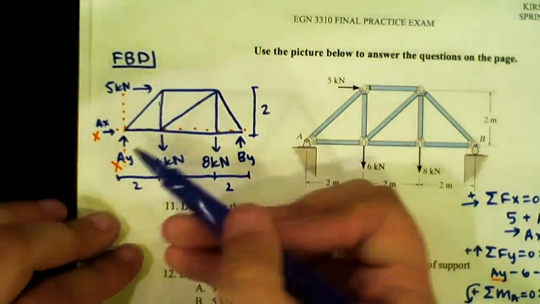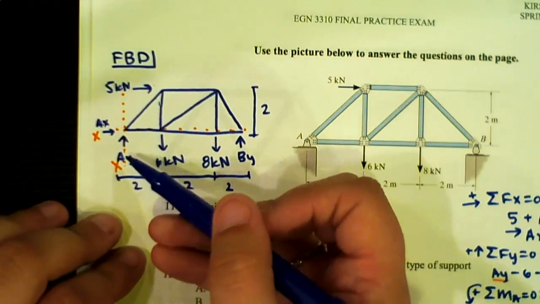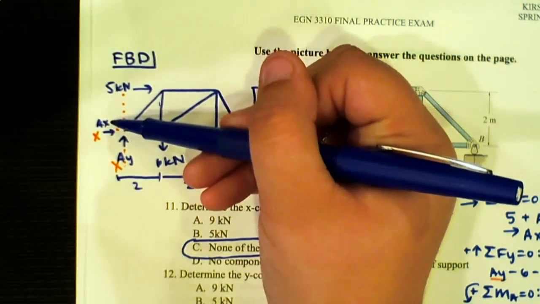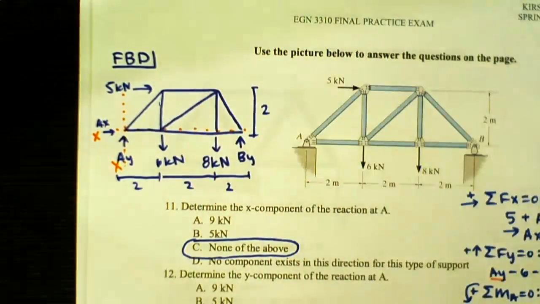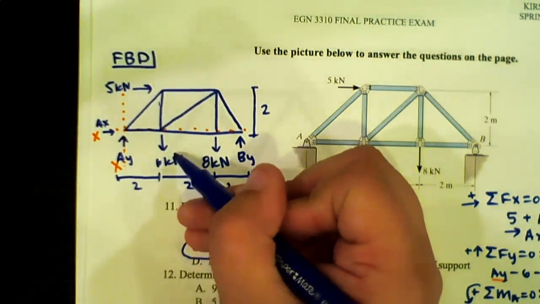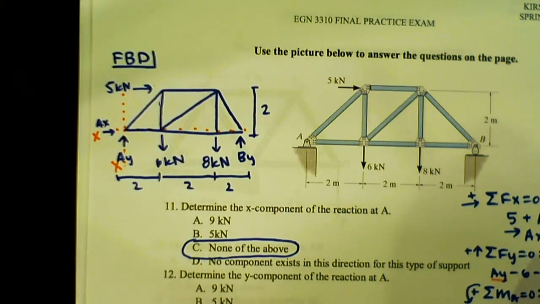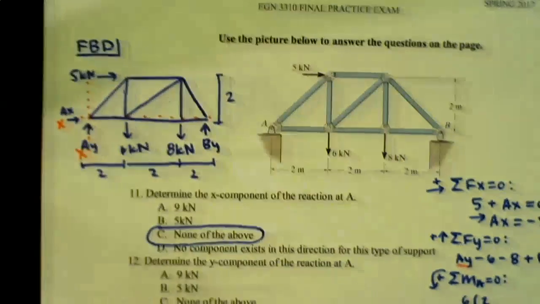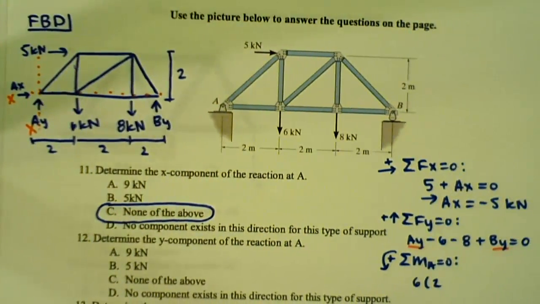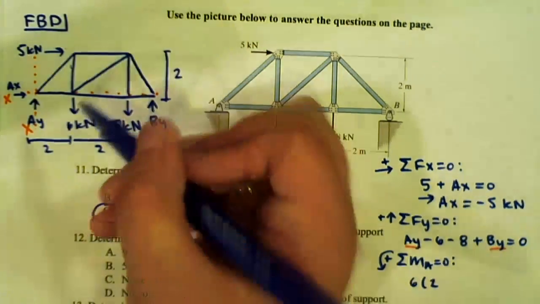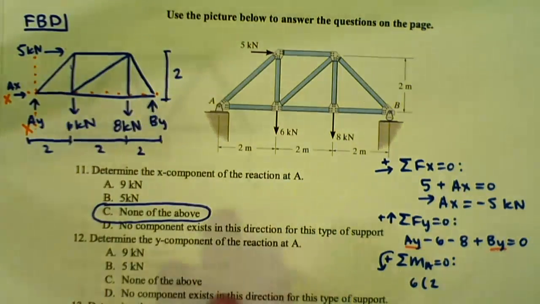In this case, you can see that the perpendicular distance for AY is 0, and the perpendicular distance for AX is also equal to 0. But looking at the 6, it has a perpendicular distance of 2 from point A.